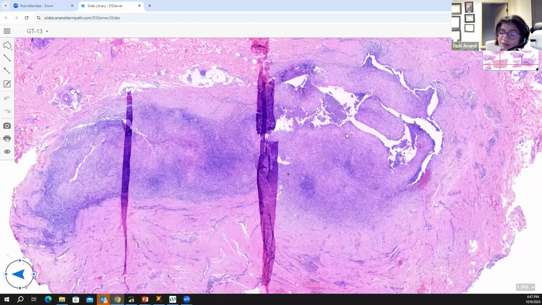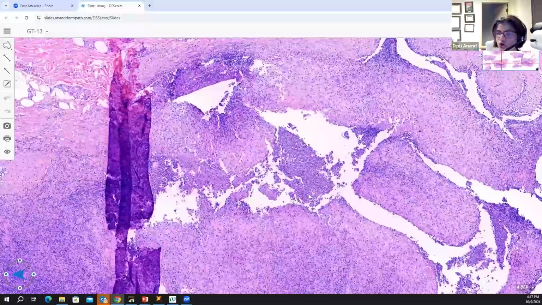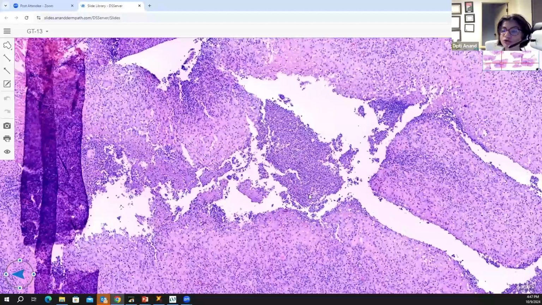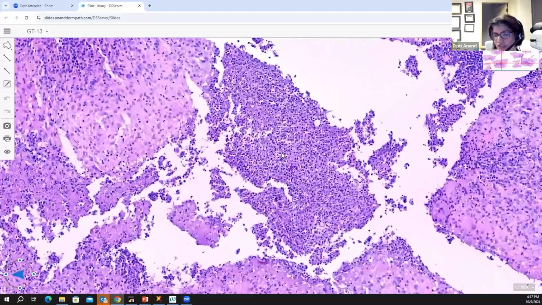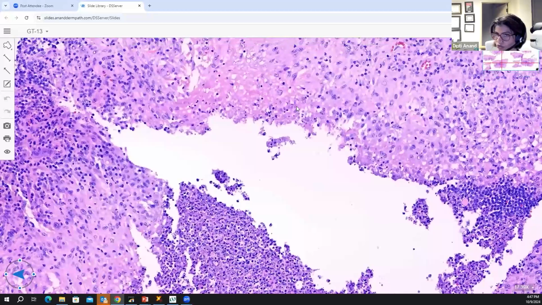Pseudo-palisaded is classic for a suppurative granuloma because the necrosis it produces in the center will look like palisading. So you have to go to the center of the granuloma where you're seeing the pink stuff. And this clearly is not a palisaded granuloma because you see the nice suppuration, you see the neutrophils, and all the pink area is the necrosis.